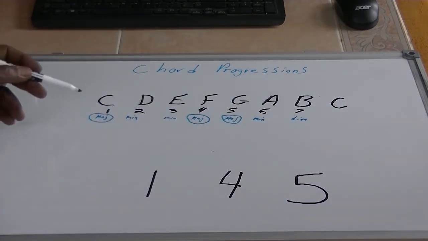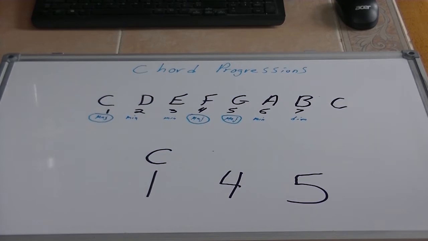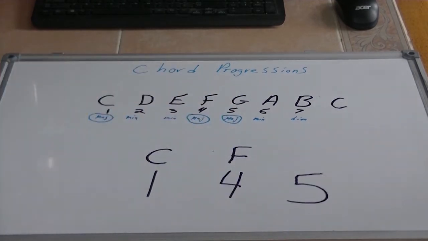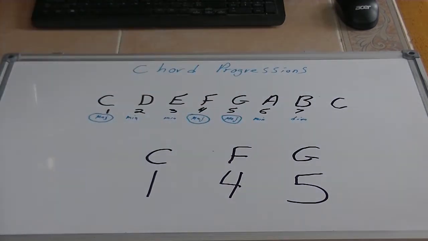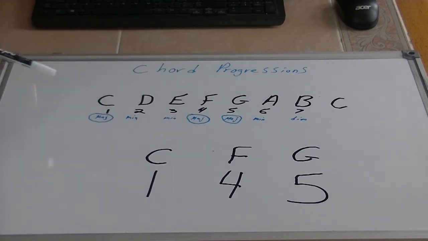The 1 chord is the C major chord, the 4 chord is the F major chord, and the 5 chord is the G major chord. As you can see here, the 1 chord, the 4 chord, and the 5 chord are all major chords, and I have them circled as the primary chords in the key of C major.